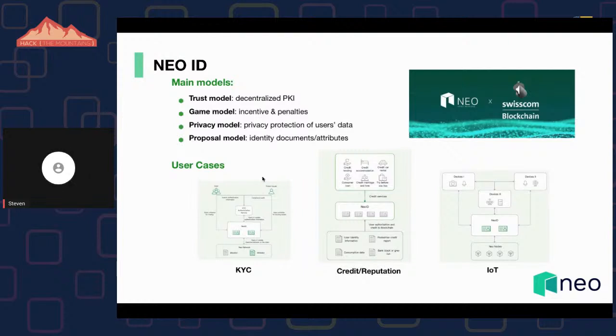in some scenarios, in some DApps, it's still very important to know the customers, know who they are and know their behavior. So in NeoID, we create a trust model identity solution, where people can hold their own information and protect their privacy, but their identity and information can still be verified by DApp users and also authorities.